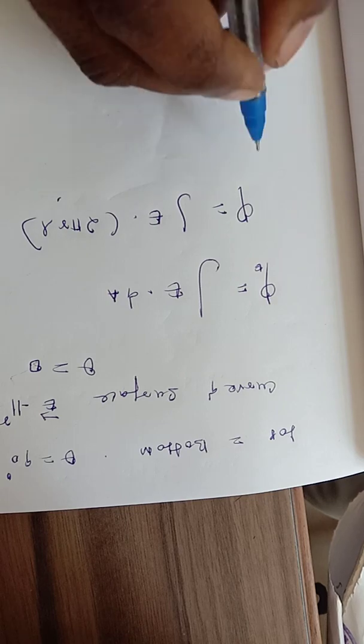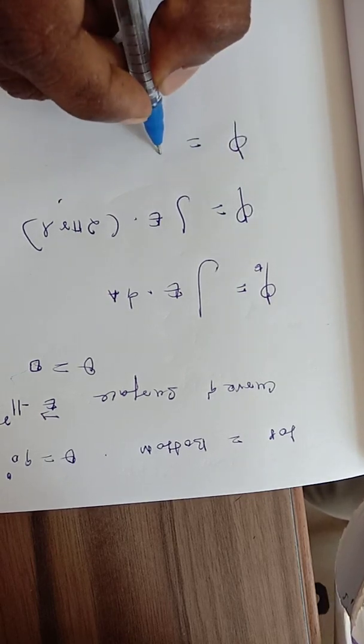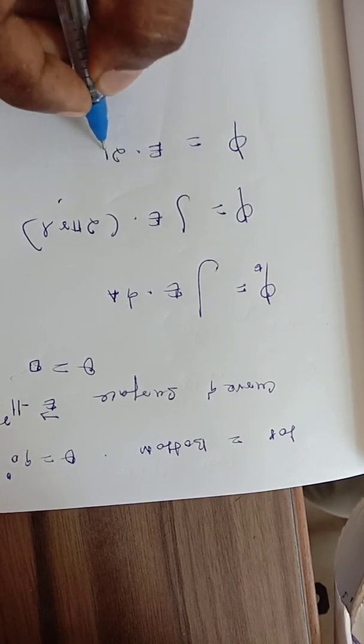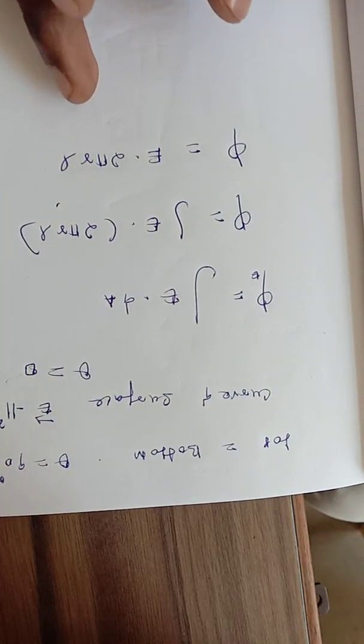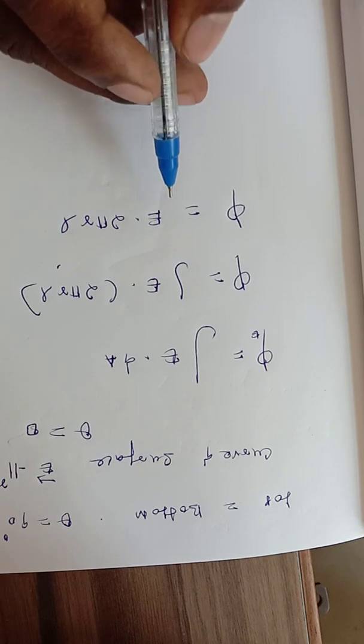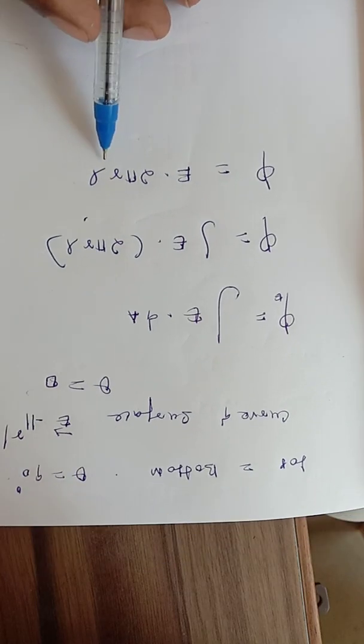The total flux phi is equal to E times 2 pi r L. This is equation 1.